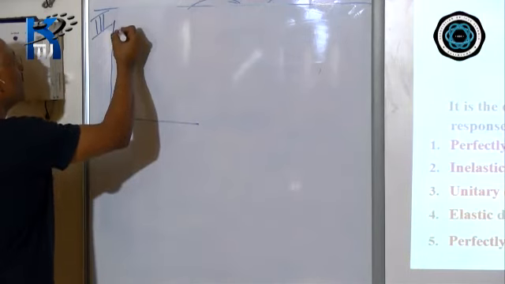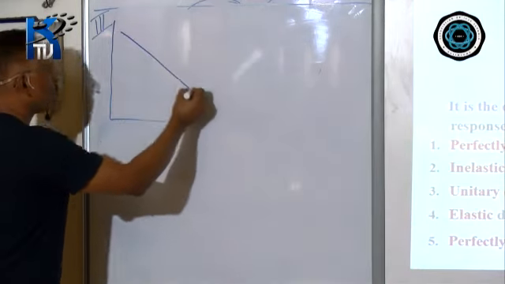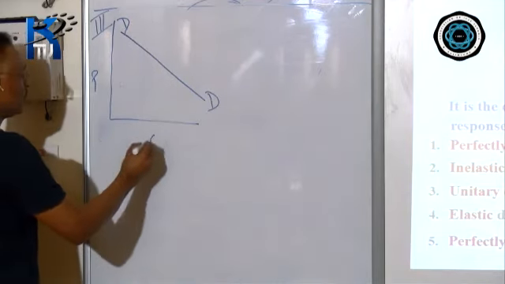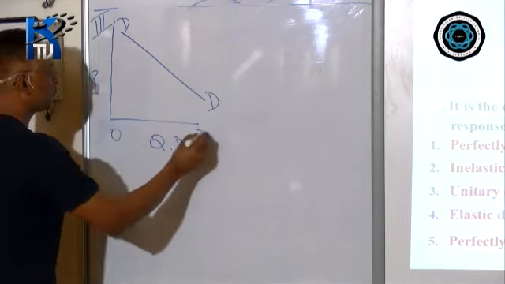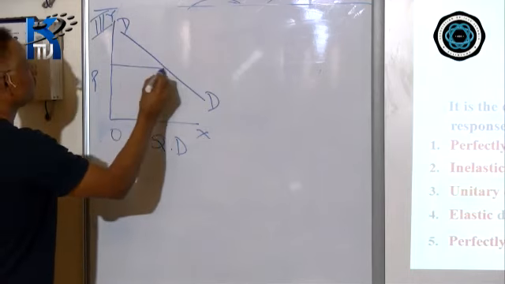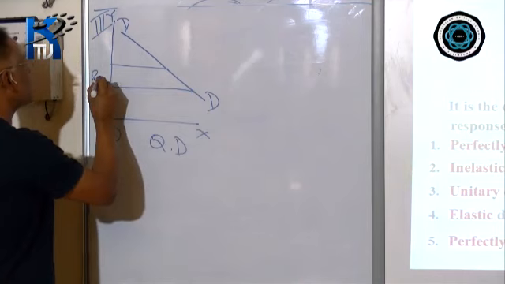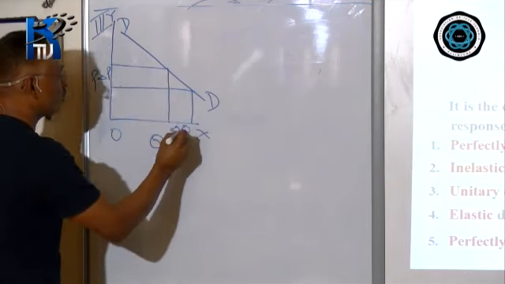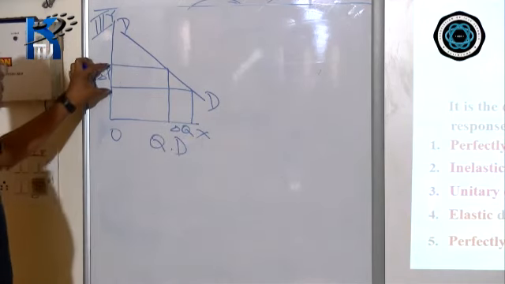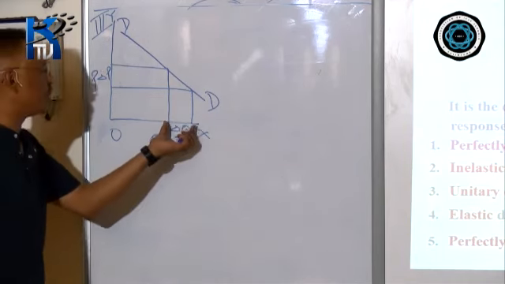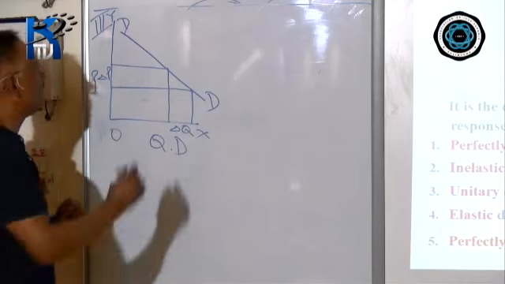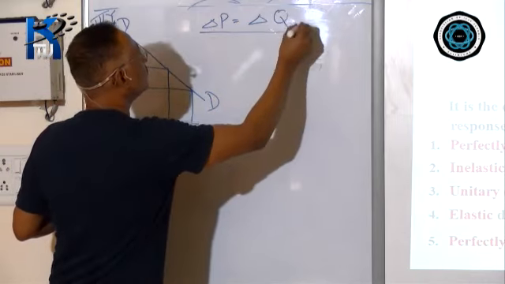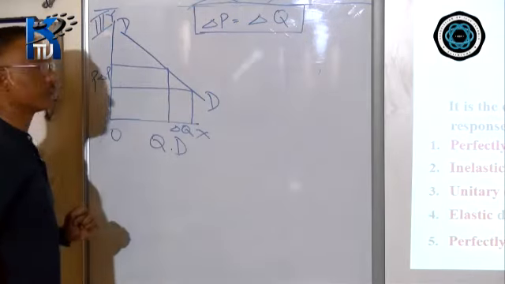In this, we make the demand curve fall more. This is your price. This is your quantity demanded. Change in the price, delta P. Change in the quantity, delta Q. You'll notice that change in the price and change in the quantity demanded is equal. Delta P is equal to delta Q. Important to write this.